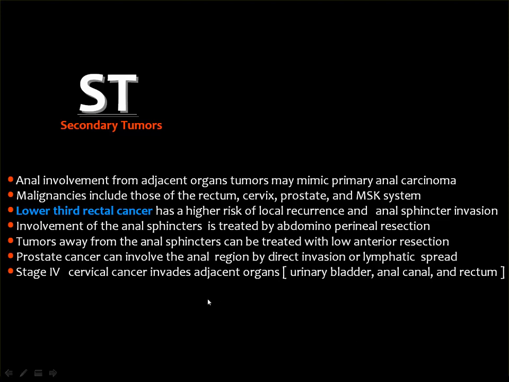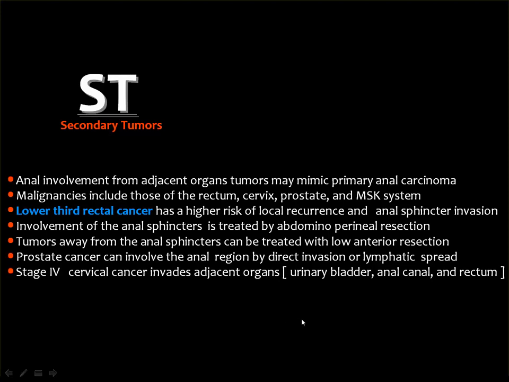Then the last issue in the neoplasms is the secondary tumors, by which we mean metastasis to the anal canal. Actually, the most common is the local extension from adjacent malignancies, especially lower third rectal cancer, which can spread to the anal area.